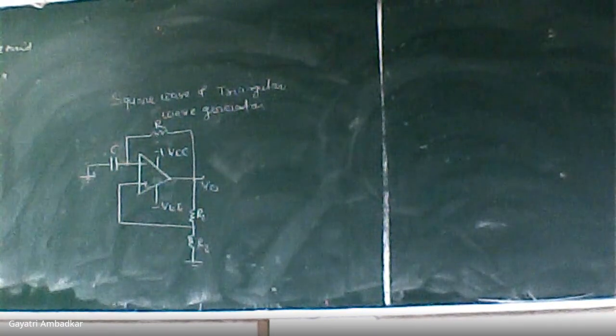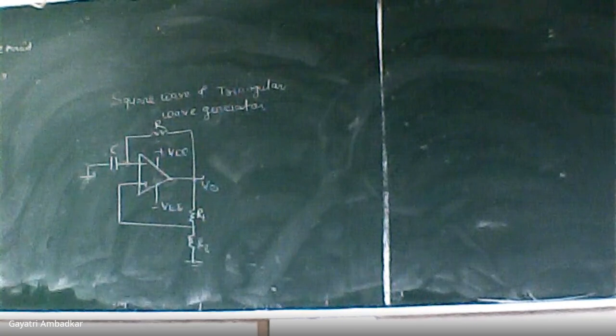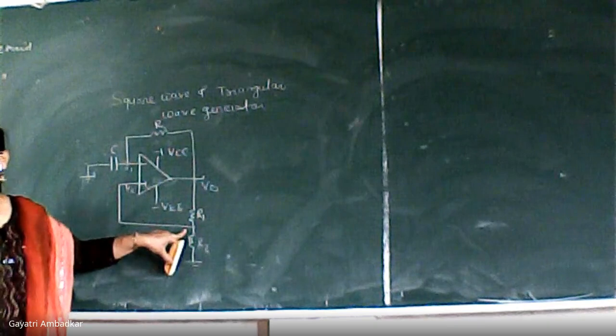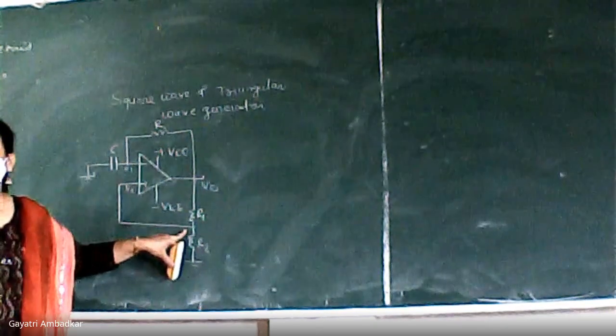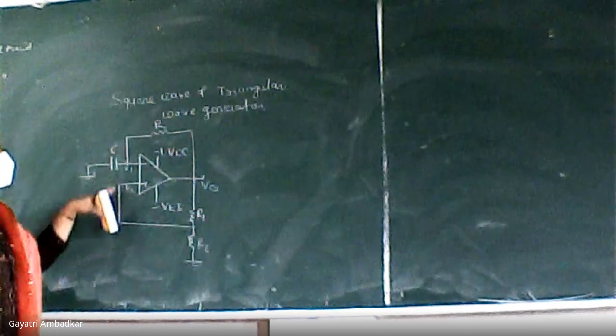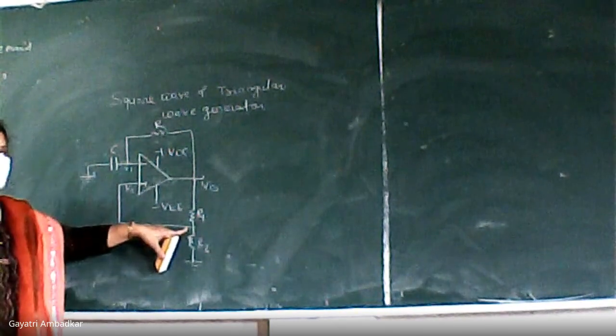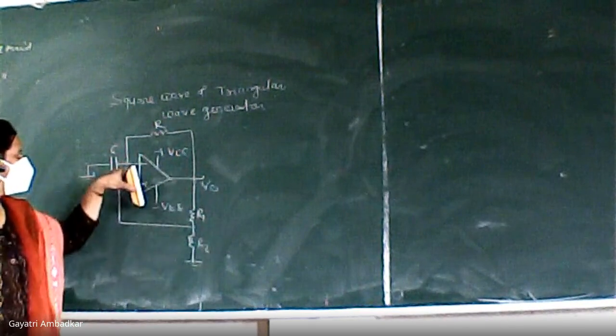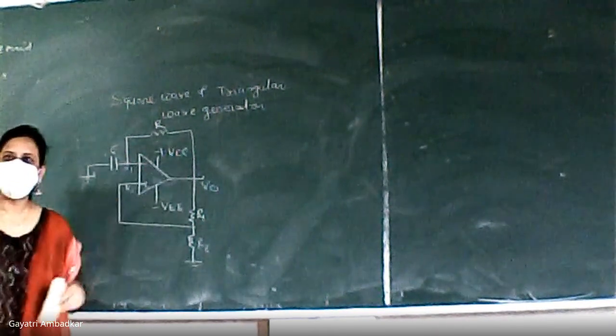Let's call V1 the voltage at terminal 1, and this as V2. What is V2? The voltage here. How to calculate? Now you are familiar. You know very well how to calculate this voltage. And you know when this voltage is greater, output will switch to plus VSAT. When this voltage is greater, output will switch to minus VSAT.